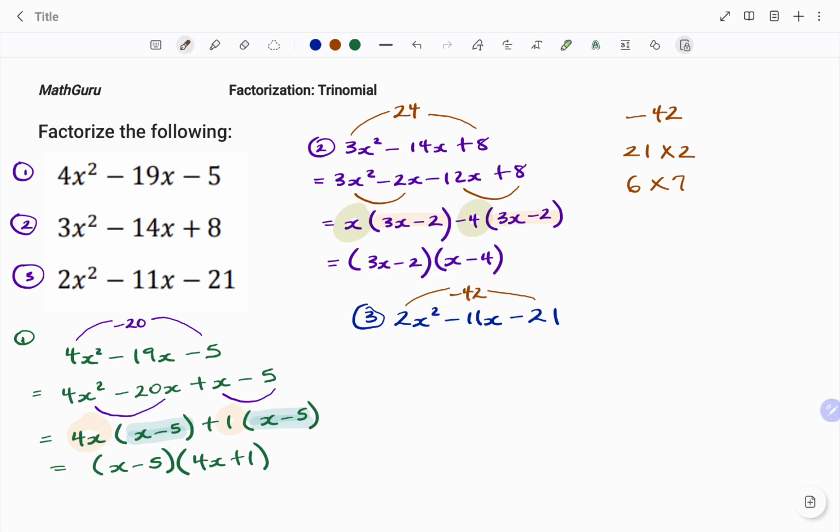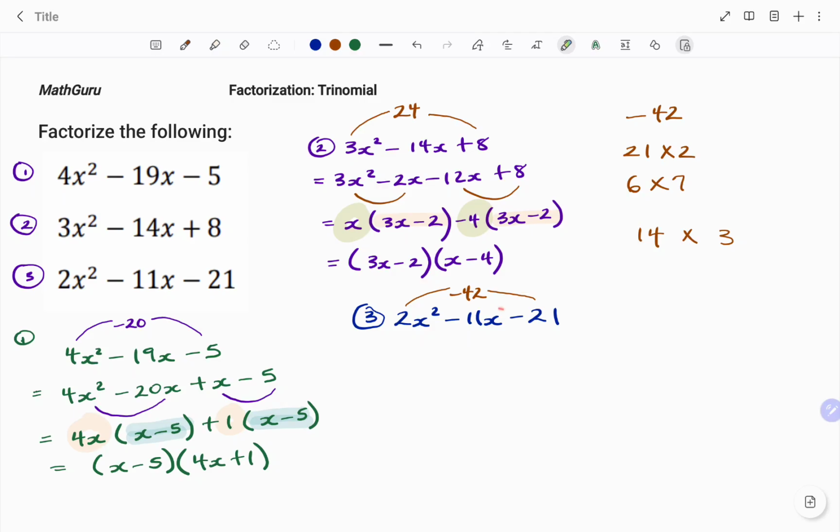I'll try another factor. I'll try 14 and 3. If I add 14 plus 3, that's 17. But if I say 14 minus 3, that will give me 11. So the next step is I need to adjust the sign so that if I multiply 14 and 3, it will give me negative 42.